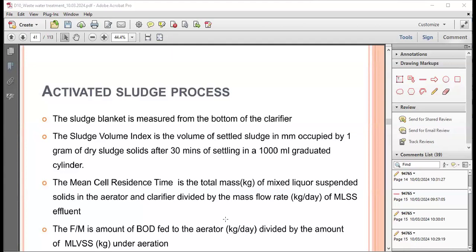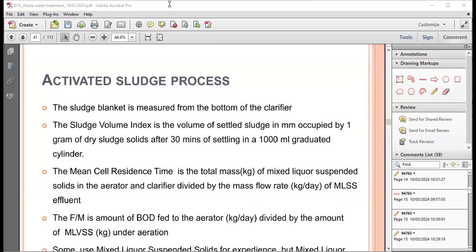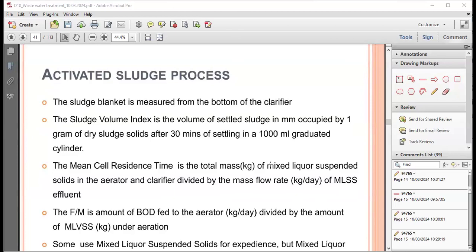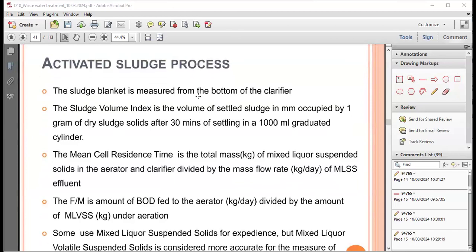You have to understand this word also. Activated sludge process.